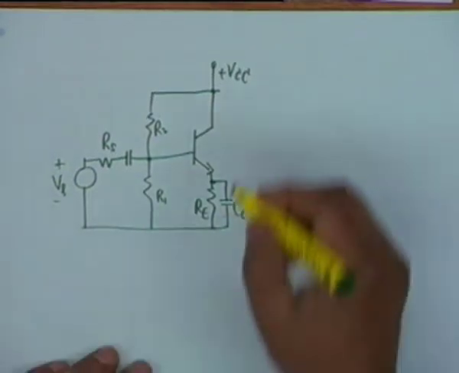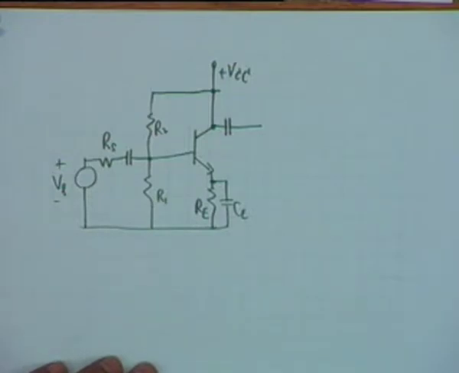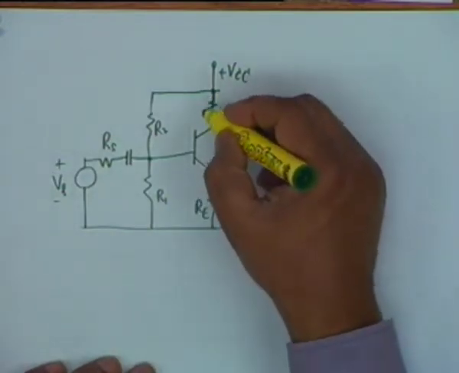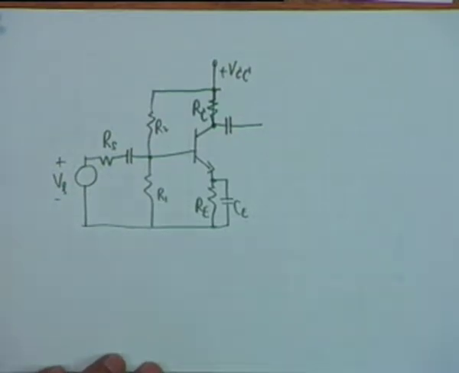This is the first stage, coupled to the next stage. There is a resistance here, R sub C, the collector resistance of the first stage.